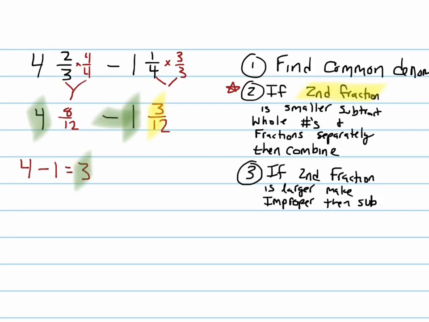And now I'm going to do my fractions. So I'll do 8/12 minus 3/12 equals, and I'll highlight that. So I did this minus that, 3/12, okay? Right here. Which is going to equal 5/12.